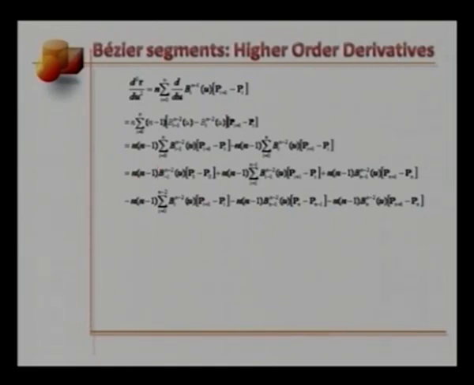A note here, this term here will become 0 because there is a -1 index here for the Bernstein polynomial. And likewise, this term here again will become 0 because the index over here is larger than the degree of the Bernstein polynomial.